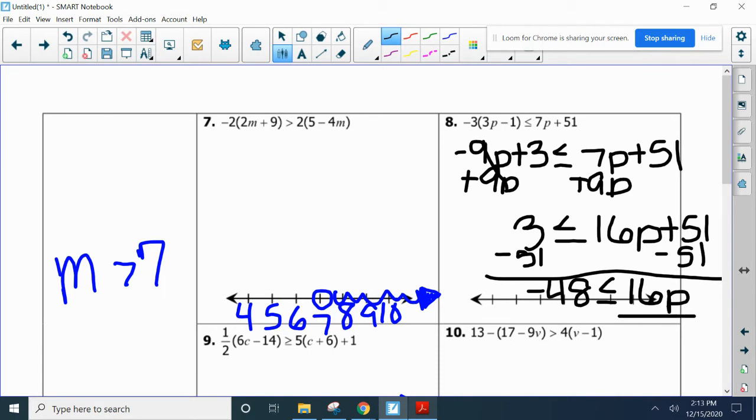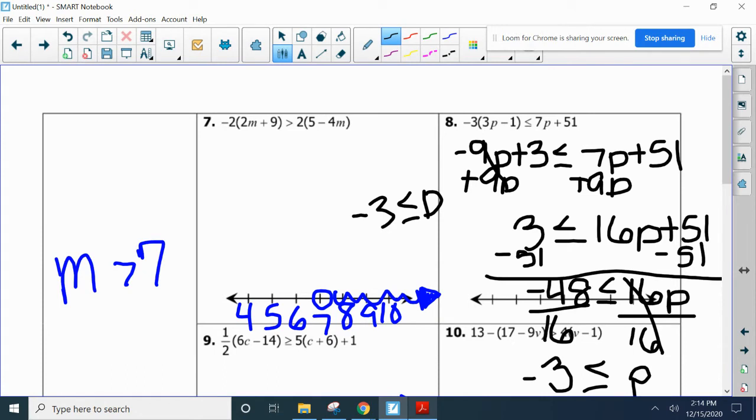Then we get rid of multiplication with division. And then p is greater than or equal to negative 48 divided by 16 is a negative 3. I did not flip my inequality because that 16 is the number being divided on both sides, and that is positive. So negative 3 less than or equal to p.